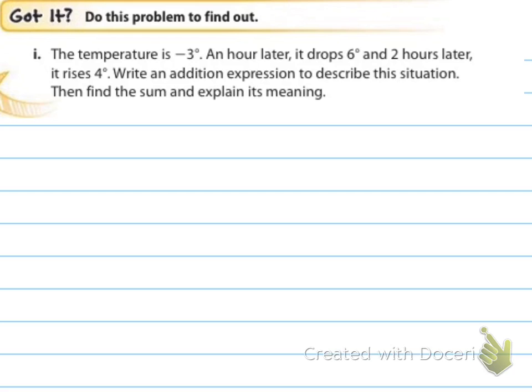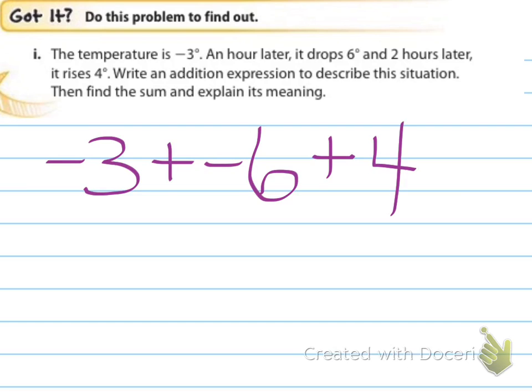All right, what I really like is that they've thrown some extra stuff in here, like how many hours it takes. Basically, it starts at negative 3, it drops negative 6, then it rises positive 4, because positive 4 is a rise. Now we just put all these together to figure this out.